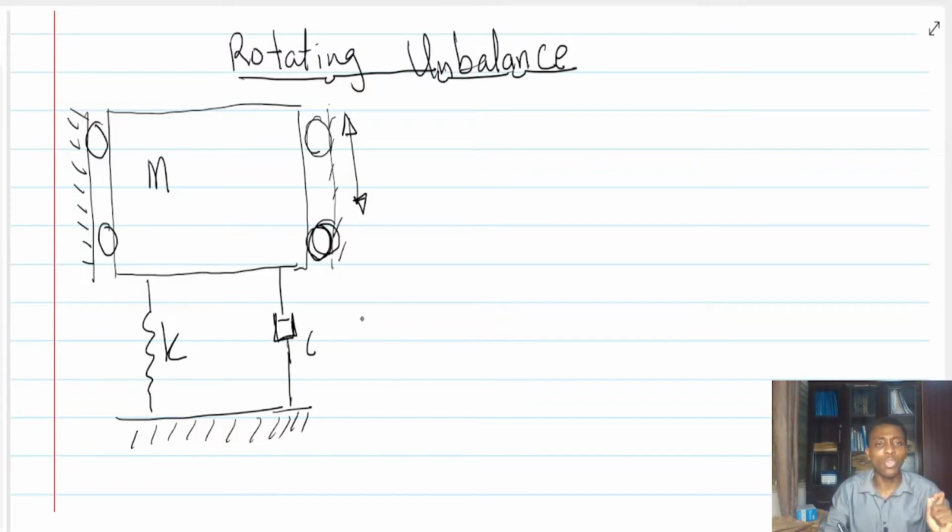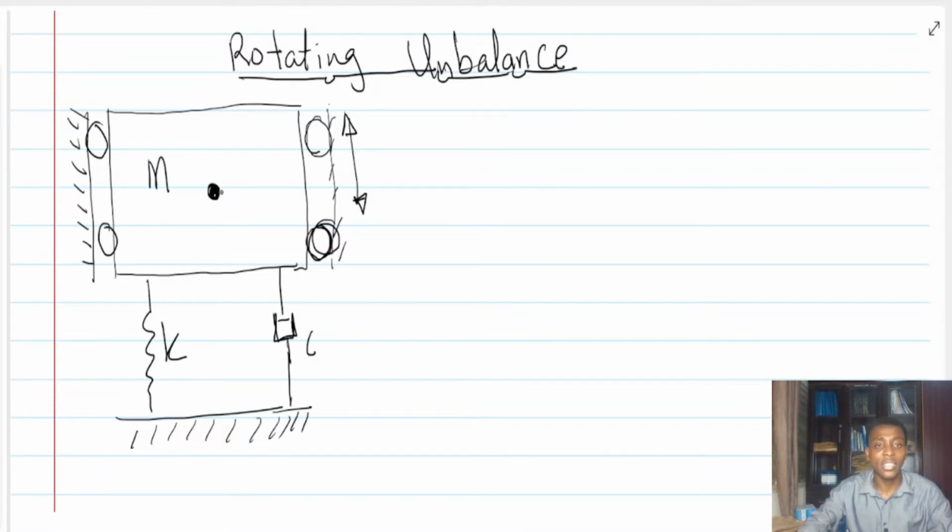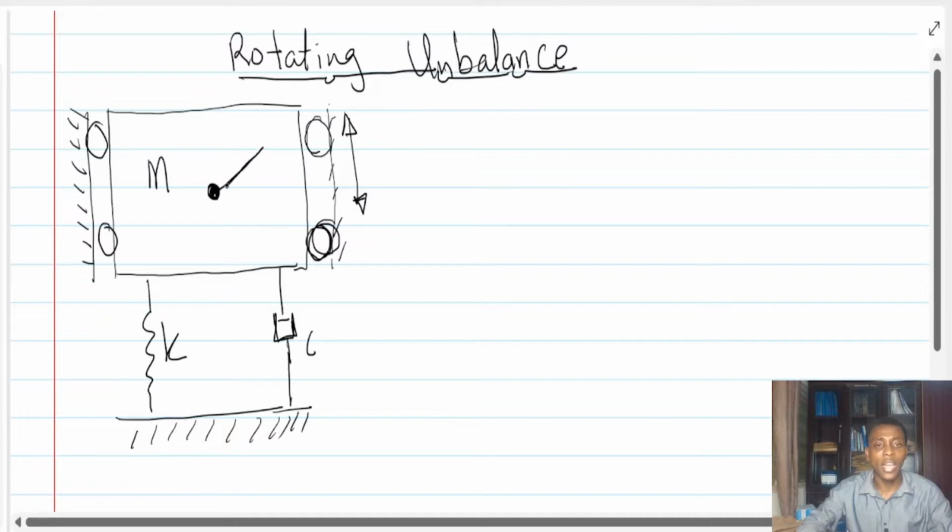But whenever I want to get some unbalance whilst the system vibrates, then what we normally do is attach a shaft. So let's say this is a shaft. This is a point of connection with the shaft. Then I have what we call an eccentricity.